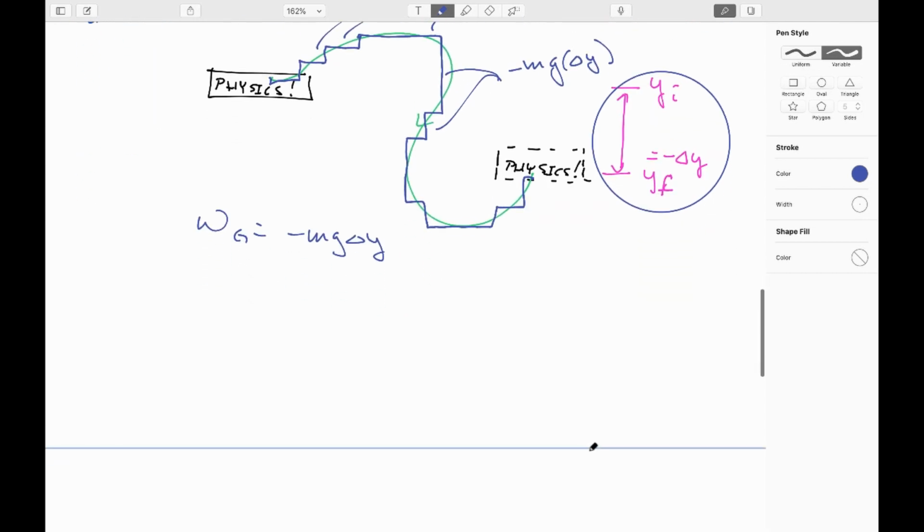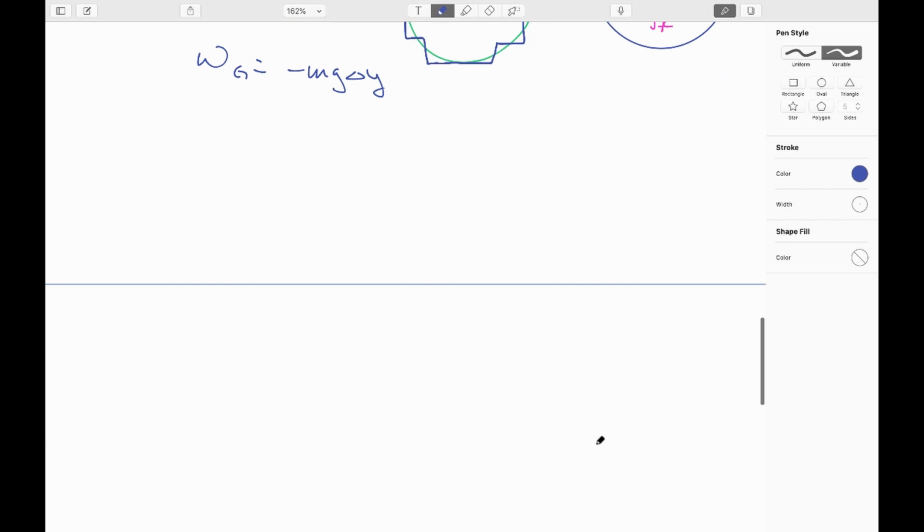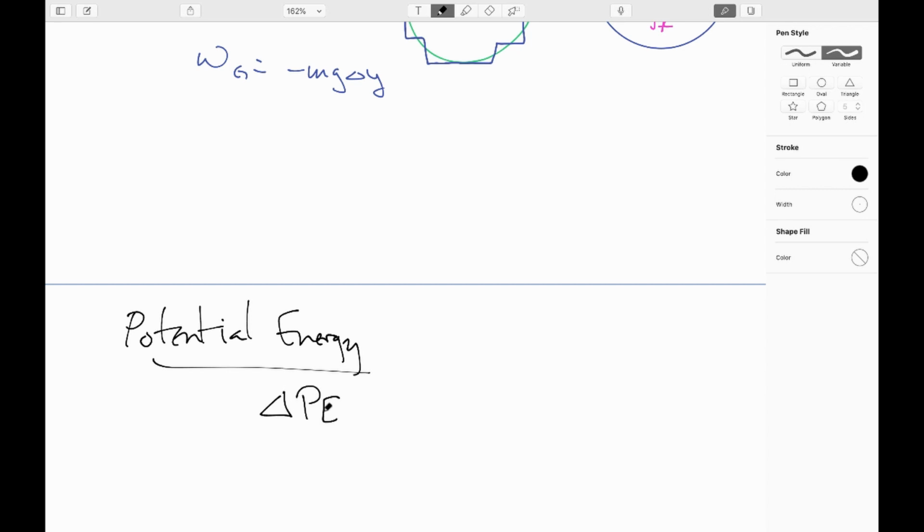Now what's going to become useful for us is to define potential energy. The idea here is that we will say that the change in the potential energy of a system is defined to be the negative of the work done by the conservative force that we're thinking about.